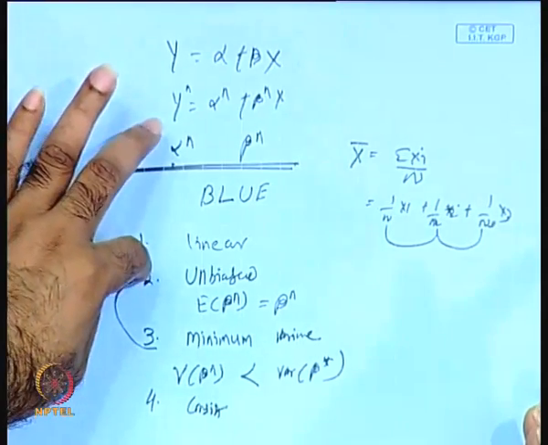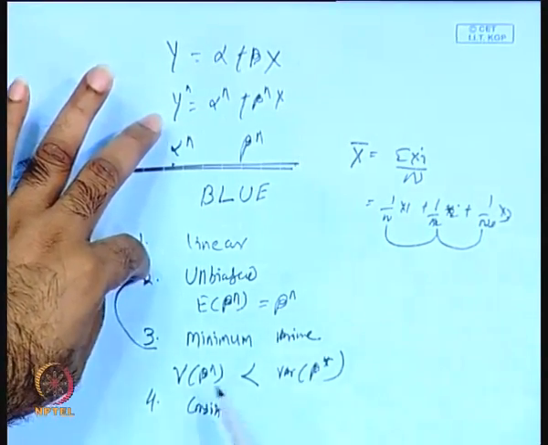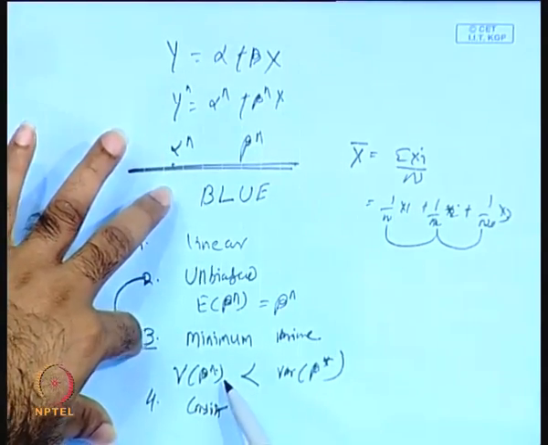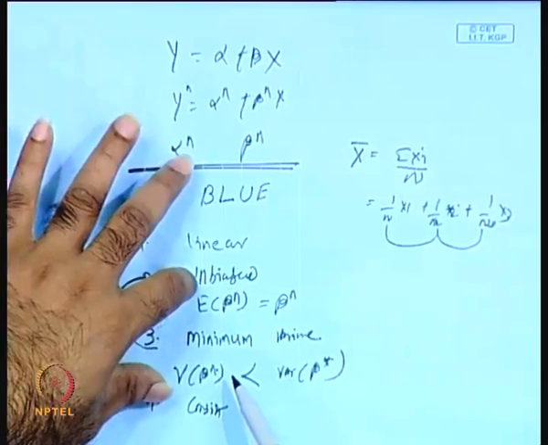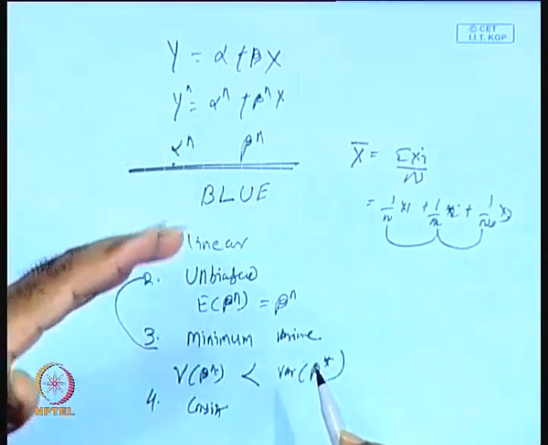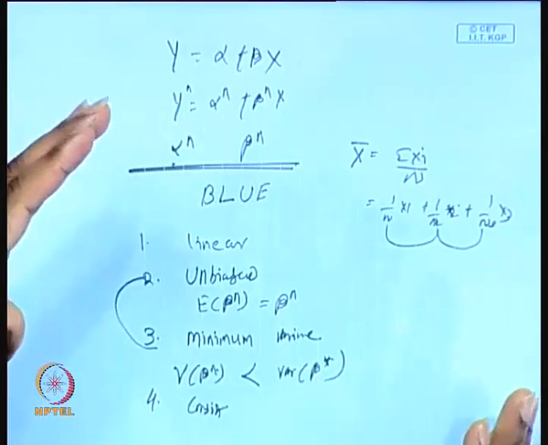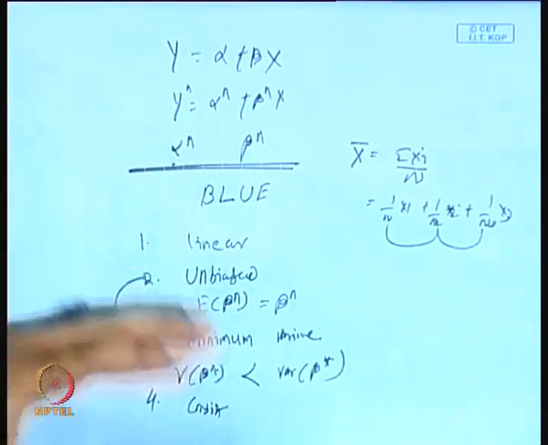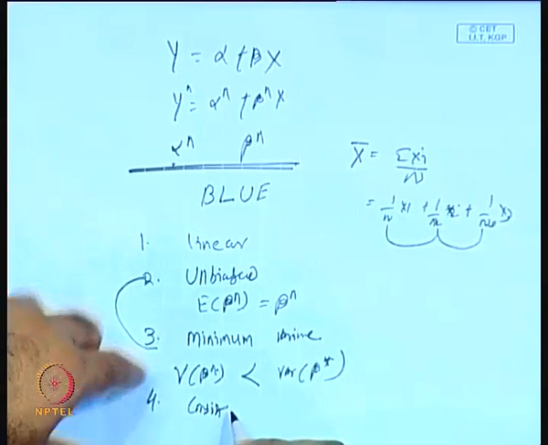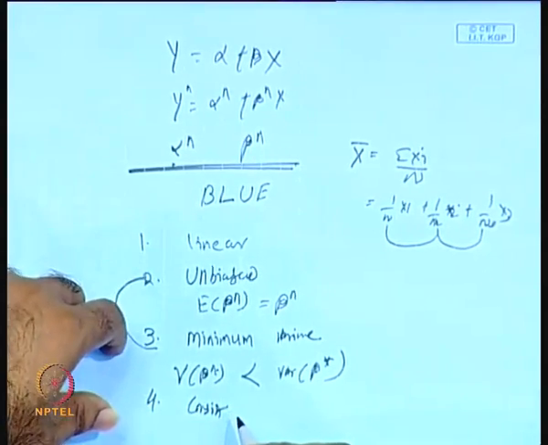When we go for the unbiasedness property only, there is no link with minimum variance, and when we go for minimum variance, there is no point in going for unbiasedness. These are two completely different things, but the consistency property is the integration of both unbiasedness and minimum variance.